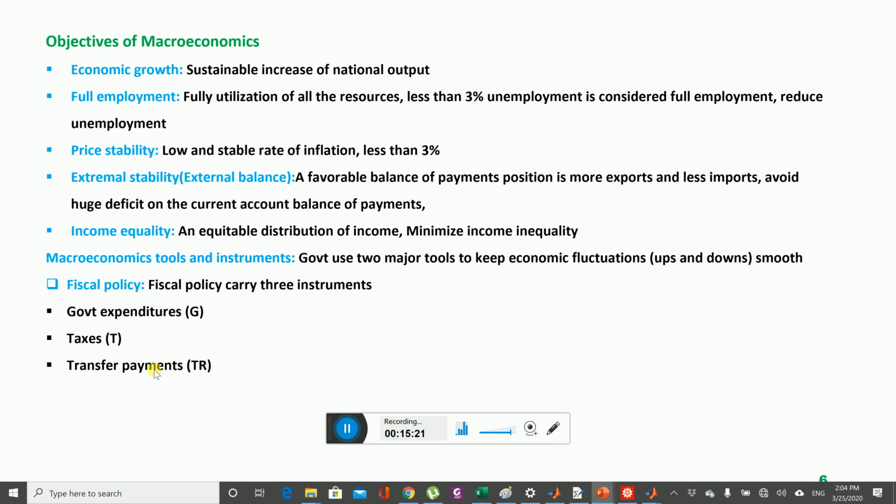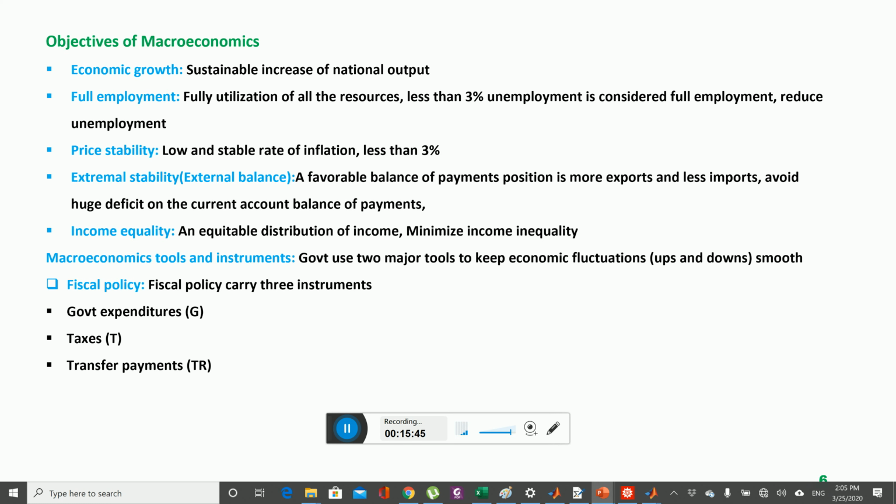The third one is transfer payments. Transfer payments are those payments that the government pays to the public without demanding any services from the public, free of services, like zakat, scholarships, unemployment allowances, old age pension benefits, social security allowances.